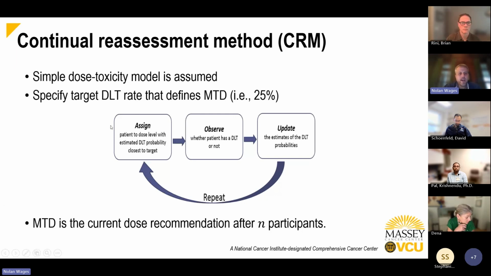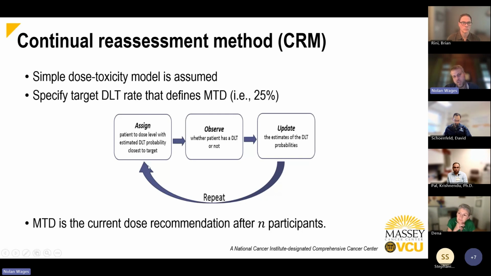And the schematic is fairly simple. We assign the patient to a dose level with an estimated DLT probability closest to the target, and we have a starting point for that when we're starting the trial that we'll look at in just a minute. We observe whether a patient or a cohort of patients has DLT or not, and then we update the estimates of the DLT probabilities at every dose level, and we repeat this process.